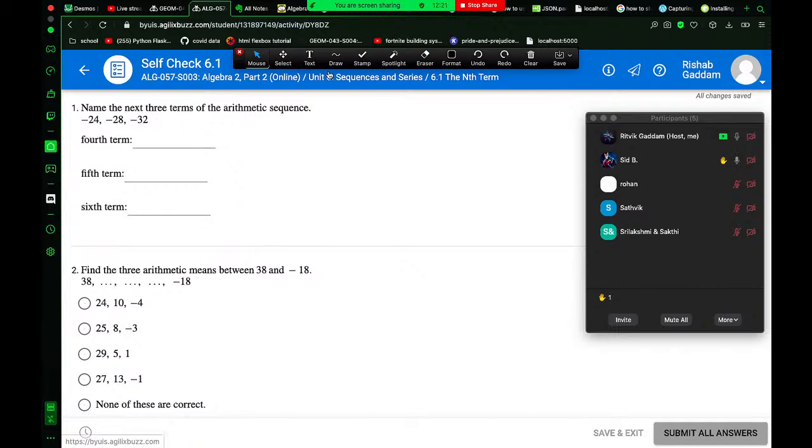Okay. So this one, we use the formula. The first term in this one is -24. So A1 plus, wait, it was A1 plus (n minus 1), the common difference.